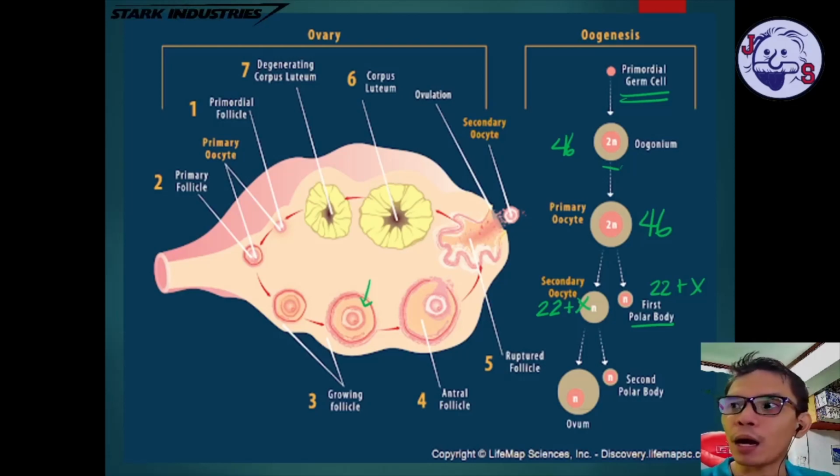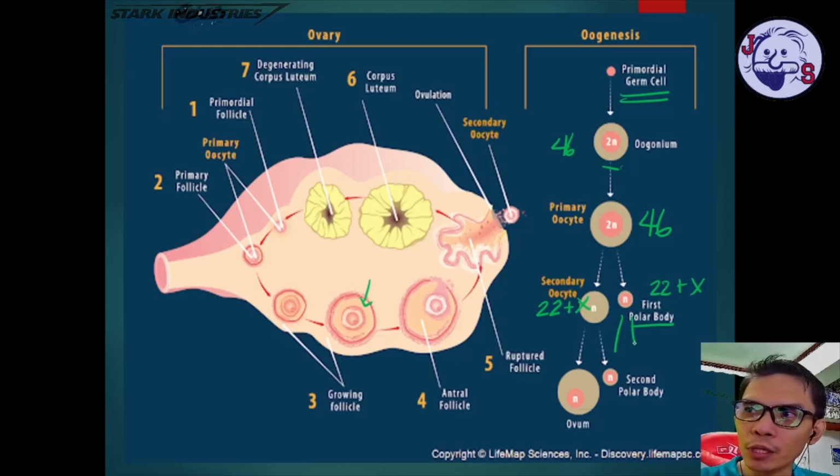Now, the first polar body will undergo the second meiotic division. It will produce another group of polar bodies, and the secondary oocyte also will undergo the second meiotic division, and it will now have the more developed form of an egg cell.